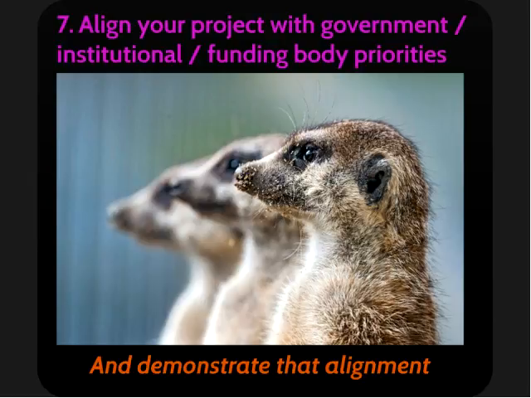Again, this is a really important thing. Align your project with government, institutional and funding body priorities and demonstrate that alignment. And again, what I do is I quote the words in that documentation back to the funding body.